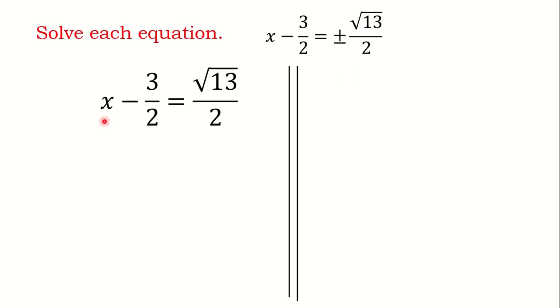First, is the x minus 3 over 2 is equal to square root of 13 over 2. So, ano ba yung gagawin natin dito? Lipat natin si negative 3 over 2 sa kabilang side, so magiging ano yan? X is equal to 3 over 2 plus square root of 13 over 2.